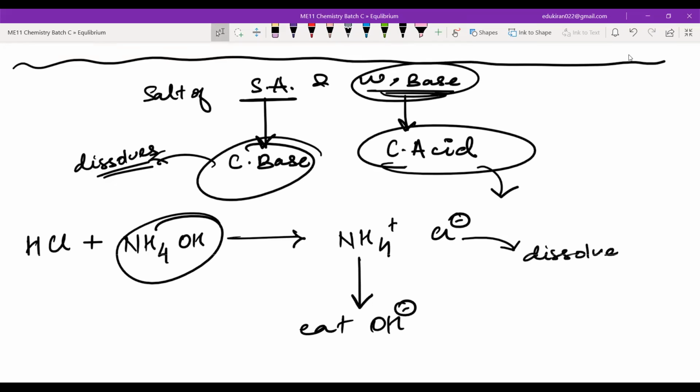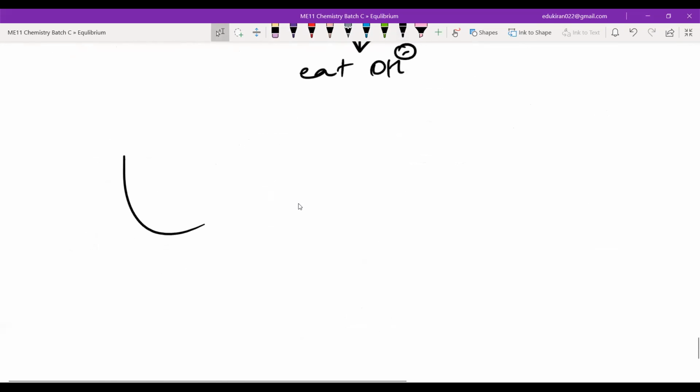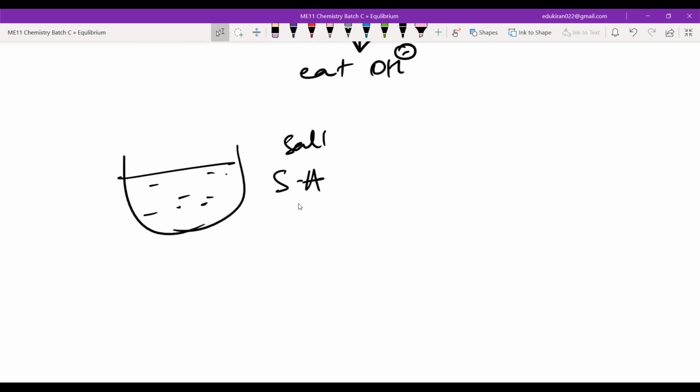Yes, sir. Okay, fine. So when you have a weak base and a strong acid, the conjugate acid will eat OH negative to form the weak base. That means if I prepare a solution and add the salt of a strong acid and a weak base, then I have taken care of OH negative.